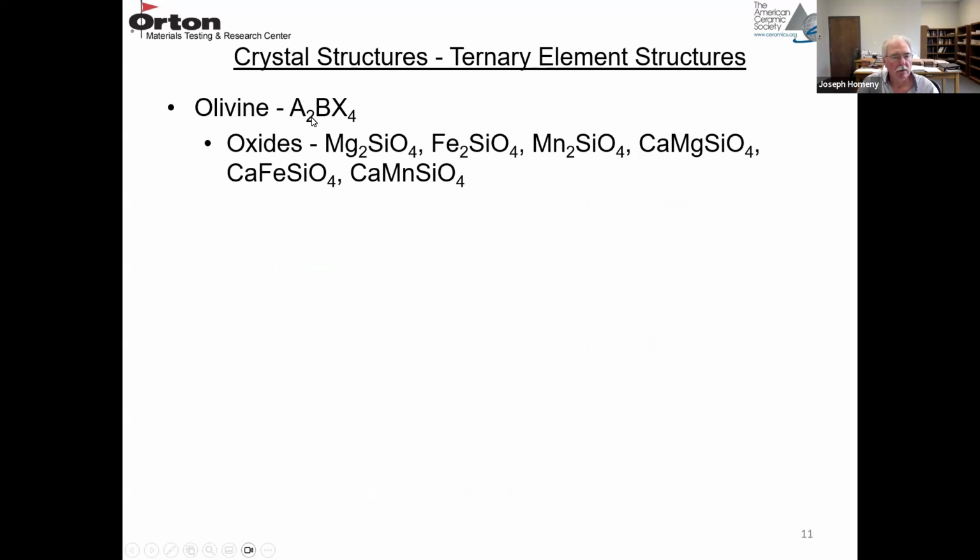Olivine, again, is A2BX4. For the oxides, forsterite, Mg2SiO4, is an important refractory material. You'll also see fayalite, Fe2SiO4, the undesirable impurity, and then there's some other oxides here that I listed.